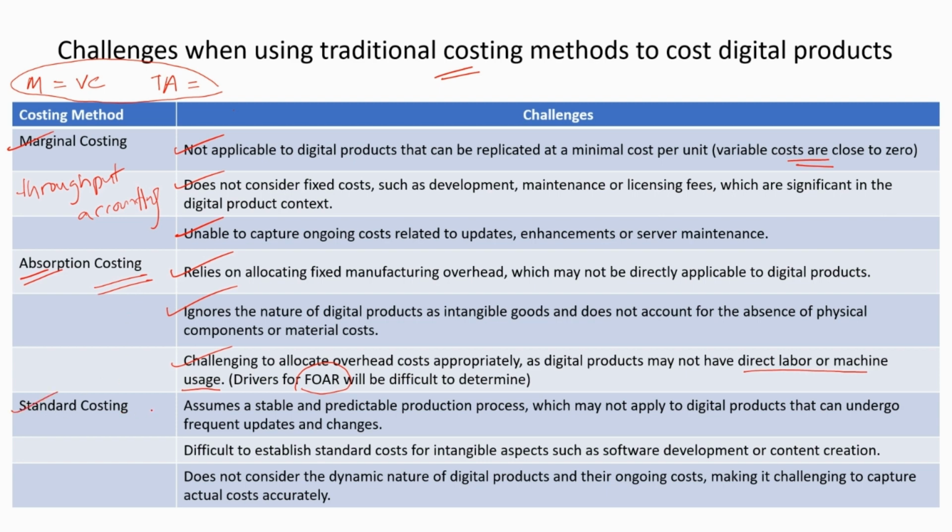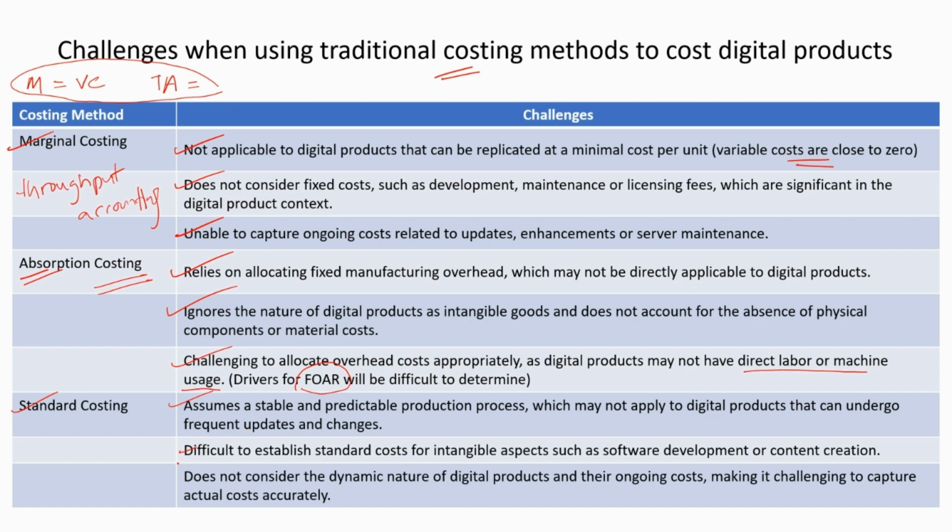Standard costing assumes a stable and predictable production process, which may not be applied to digital products that can undergo frequent updates and changes. Simply, this means standard costing is more suitable for stable and predictable production processes. But when it comes to digital products, this may not be the case.